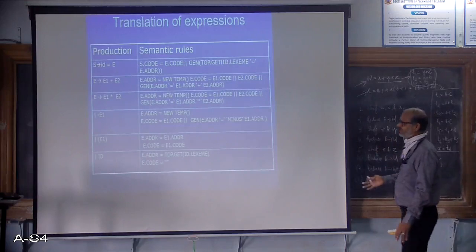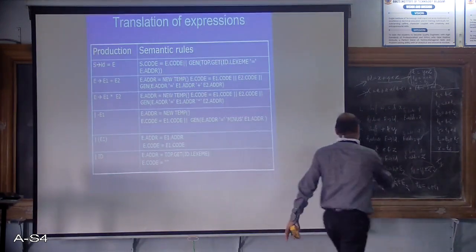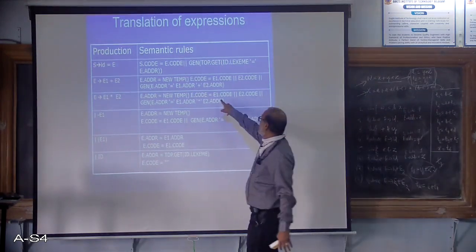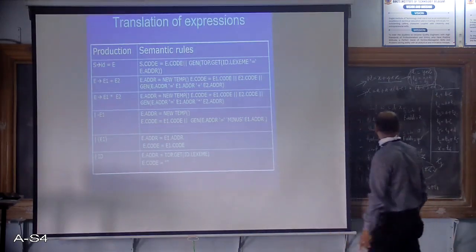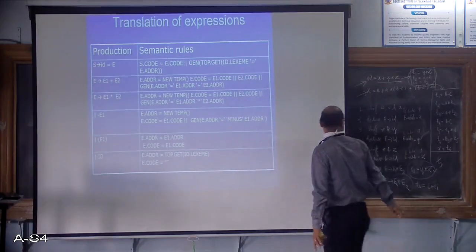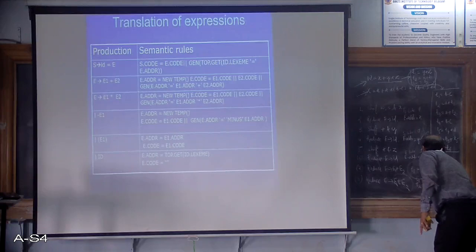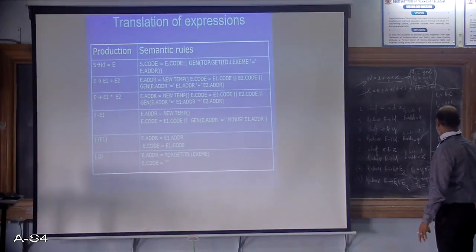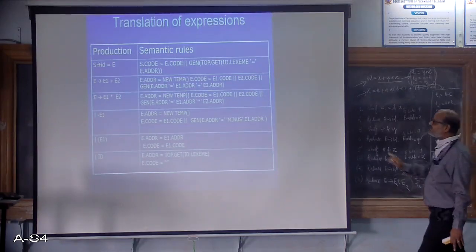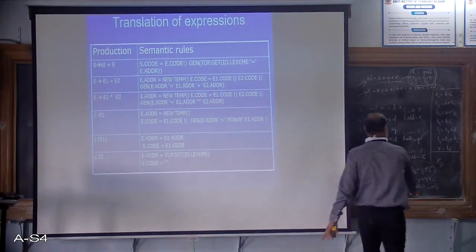And this has to be concatenated. Just see here. First, I am going to take the sequence of 3 address codes of the head of the production. I take E1 dot code, which is null, followed by E2 dot code, which is T1 equal to Y into Z. So this is first concatenated with null, and you get this. Next it is followed by the new 3 address code that is generated, which is T2 equal to X plus T1.